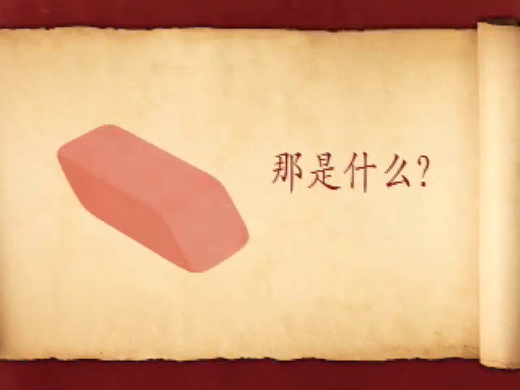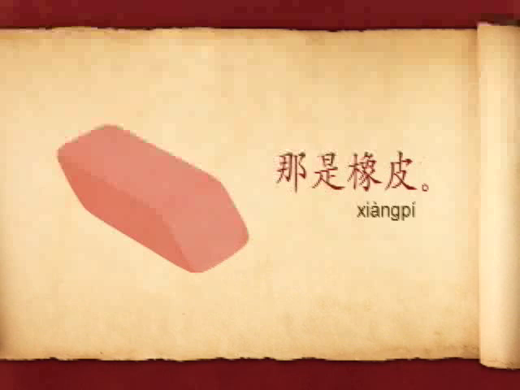Here's my next question. 那是什么? Did you say 那是橡皮? That is an eraser. If so, good job. Now imagine that the eraser belongs to your neighbor. Keep in mind the pronouns you can use in your answer.